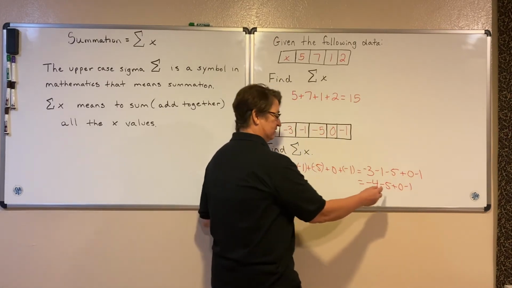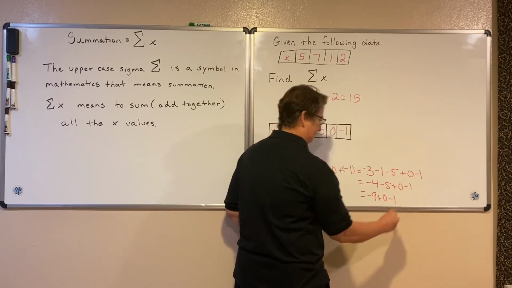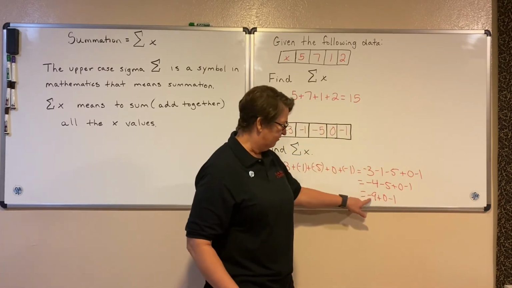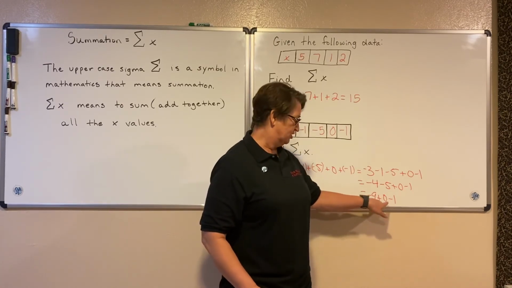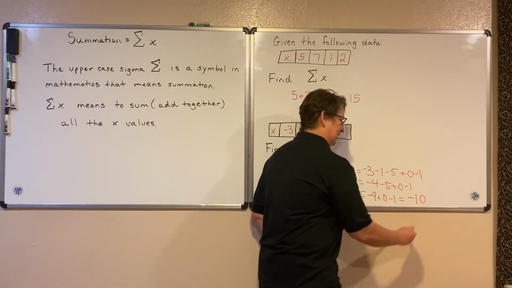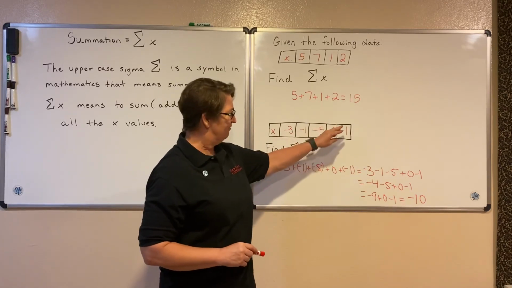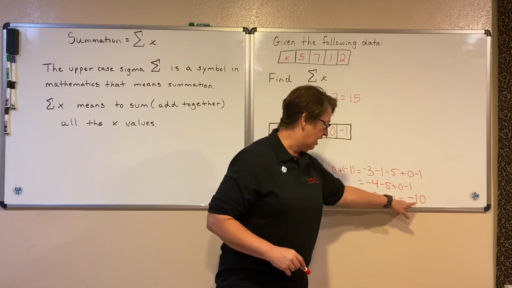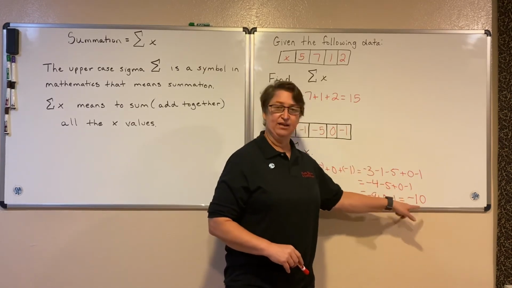And then plus 0 is still just -9. So then a -9 and a -1, their signs are the same. So I just add the numbers and I keep the sign. So I end up with a sum of -10. So when I add all my data values together, my sum of those values is equal to -10.